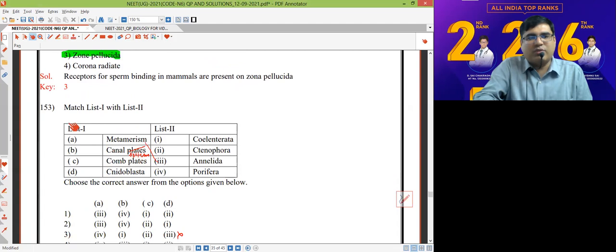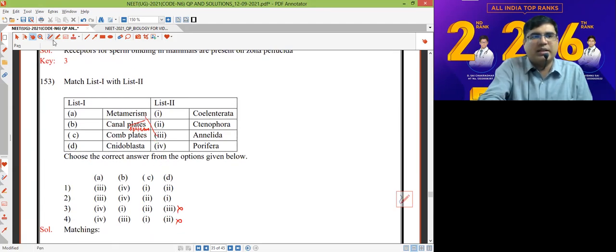Now the next question is 153. A match the column question is there, which is more often asked in the NEET examination. Metamerism, you know, is a feature of the annelids, then the arthropoda, and then the chordata. So here the metamerism should correlate with 3, right? Then the canal system. Of course, the canal system is exclusively observed in the poriferans.